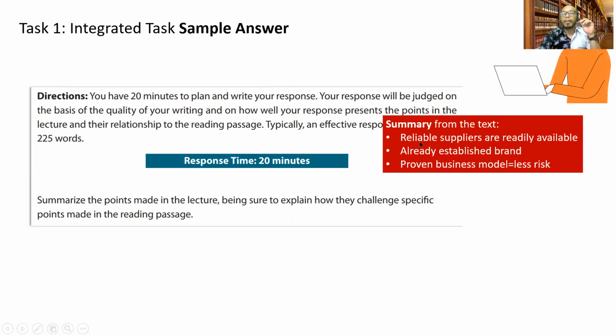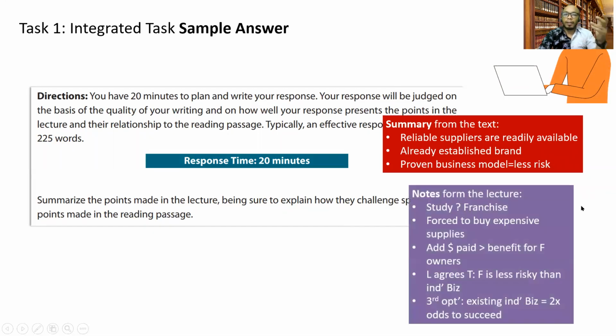First one is the advantages of having a franchise business for beginning business owners, which is reliable suppliers that are already available. The second advantage in the passage is the already established brand. And the third one, the proven business model, which means less risk for the business owners.